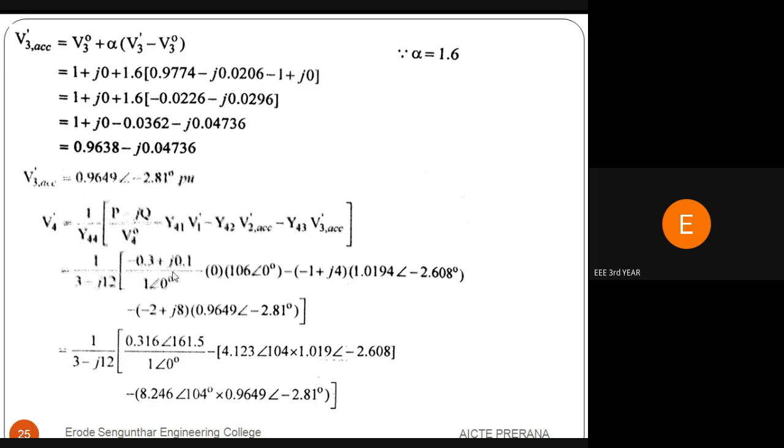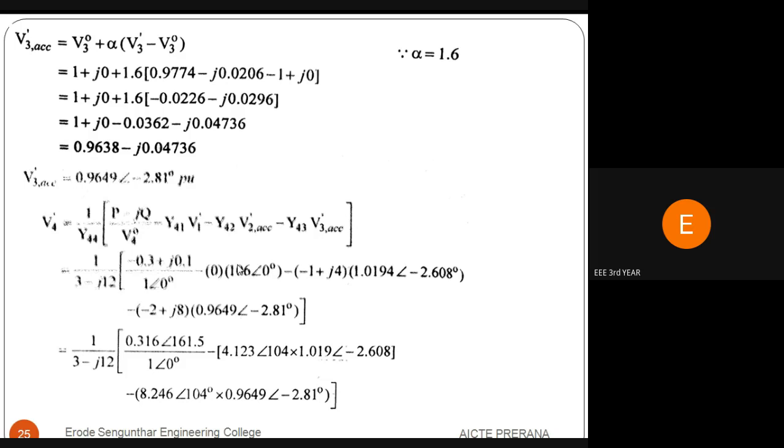Substitute the values given in the problem. Y44 is taken from the Y bus matrix, and the P and Q values are taken from the given data and substituted in the corresponding places.